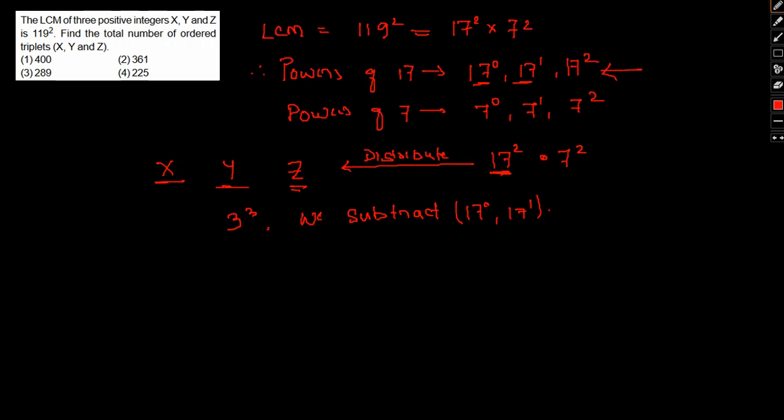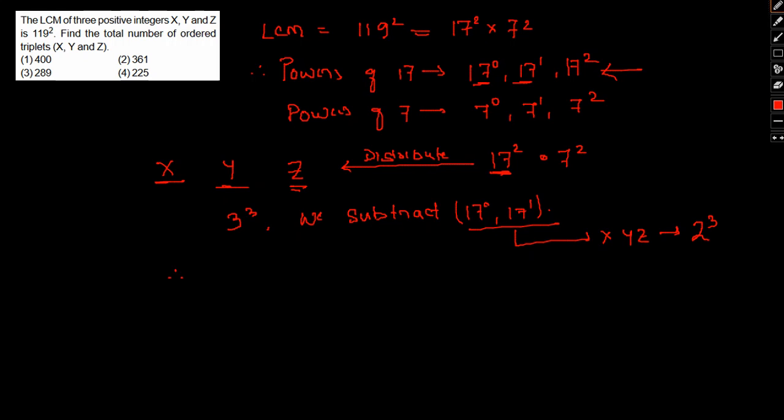So 17 can be distributed in x, y and z using a similar concept, different boxes and identical balls. That concept I am using. So this can be done in 2 to the power 3 ways.